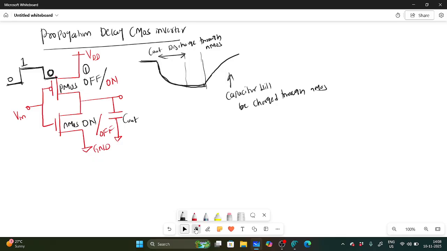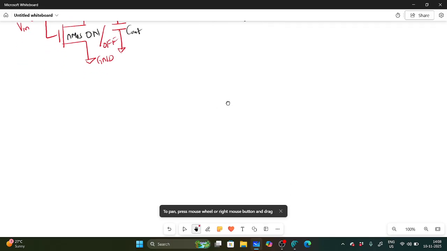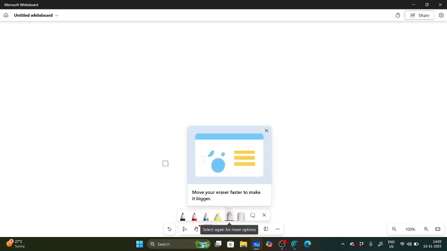How will it look? Here, if we see the normal waveform, here I am drawing. This is the input voltage, with respect to time.